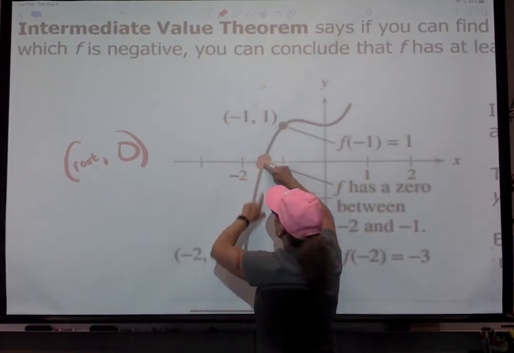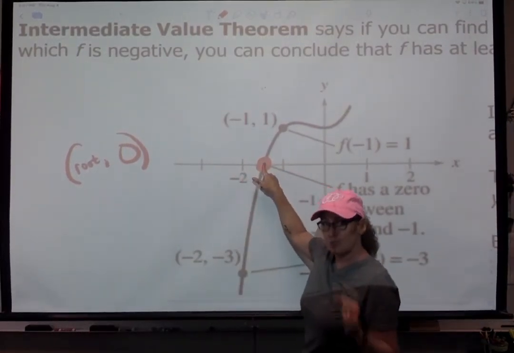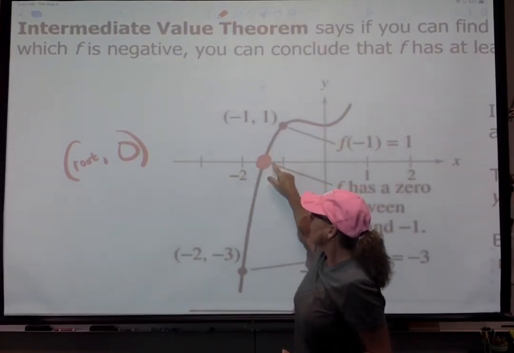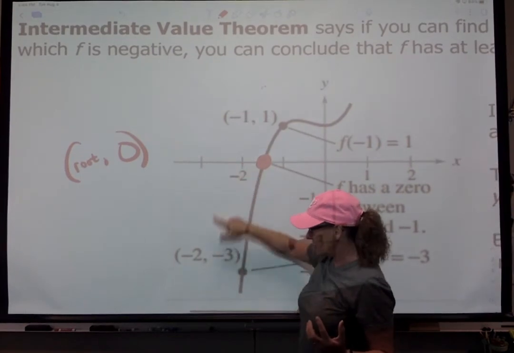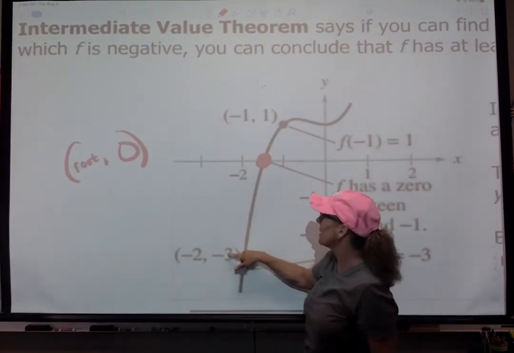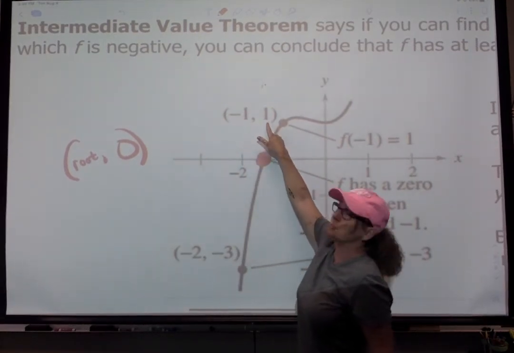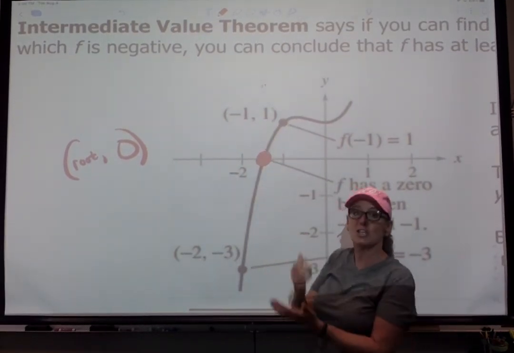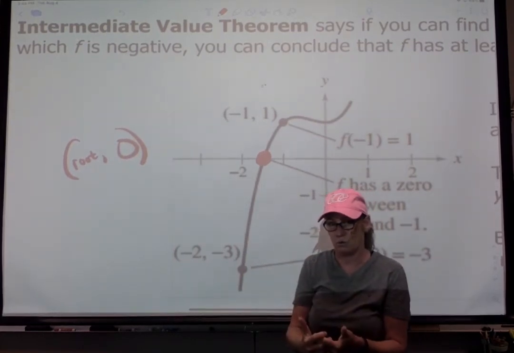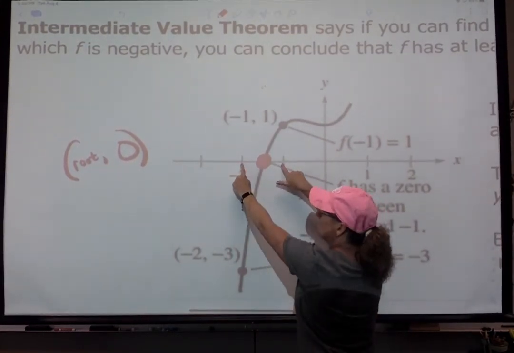But do you know for sure that it was between negative 1 and negative 2? Yeah, you do, because negative 2 produced a negative y value. Negative 1 as an x produced a positive y value. So I know my root is an x value somewhere between these two numbers.